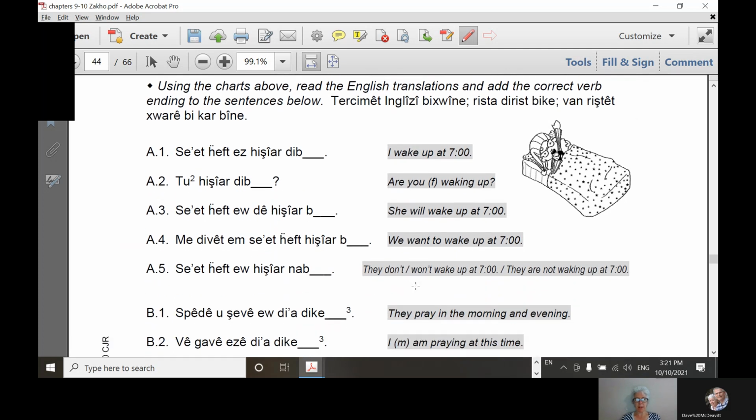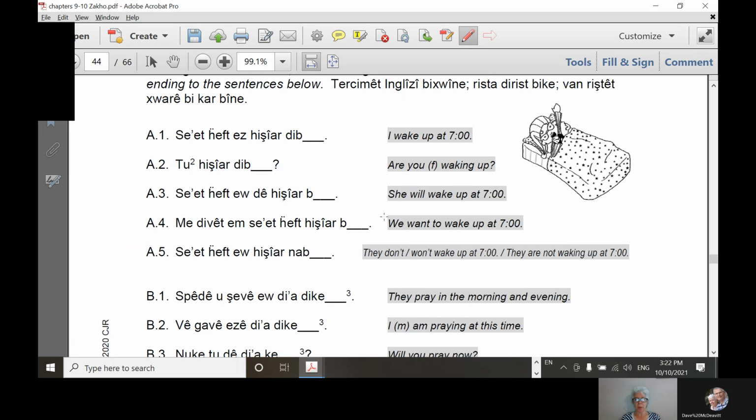Now the fourth example here in section A is we want to wake up at 7 o'clock. In Kurdish, this is called a subjunctive I sentence, where we could actually say we wake up at 7 o'clock, because that's the way it is in Kurdish.